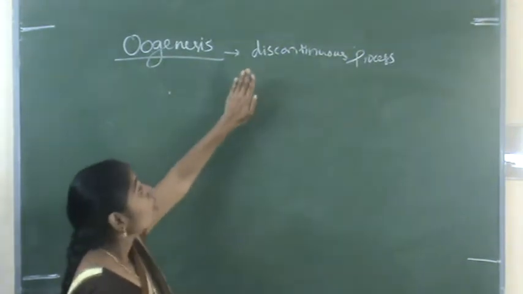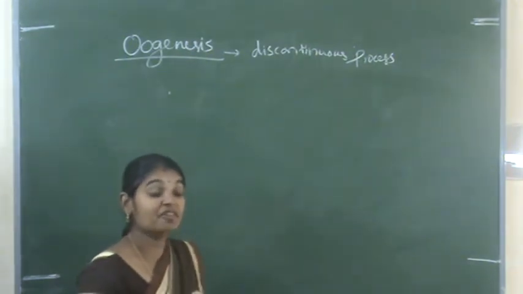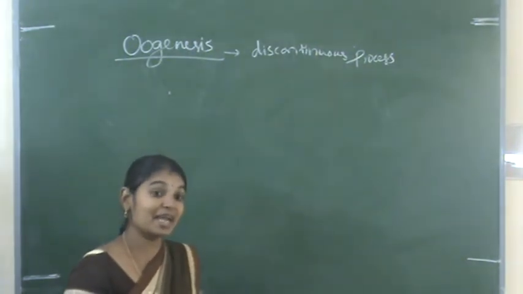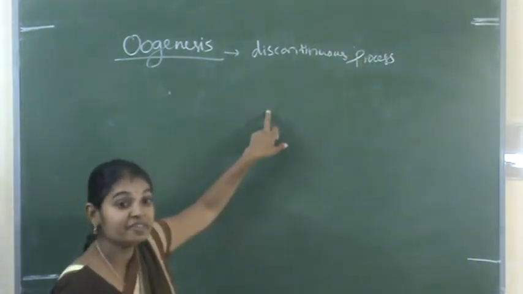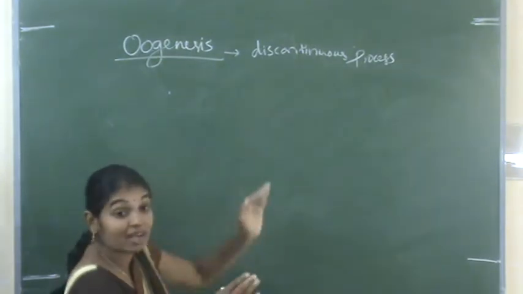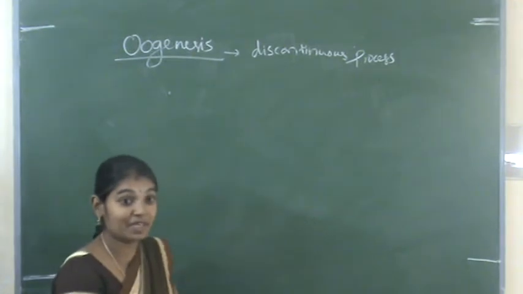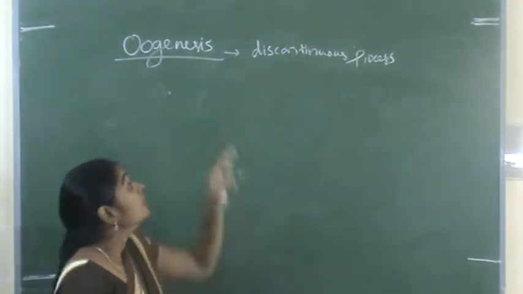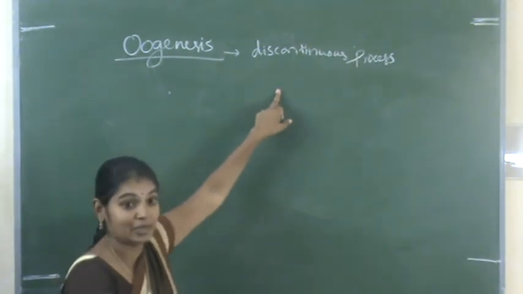It means the formation of the germinal epithelial cells starts in the fetal stage only, in the embryonic stage itself. If the fetus is female, then oogenesis starts before birth only.